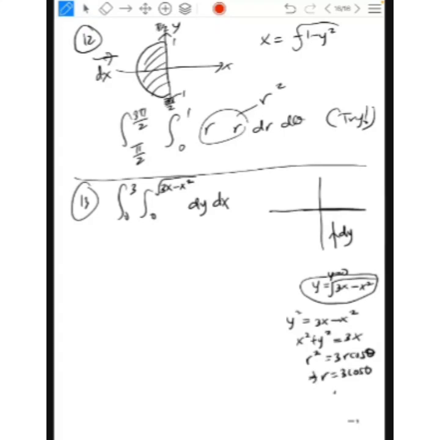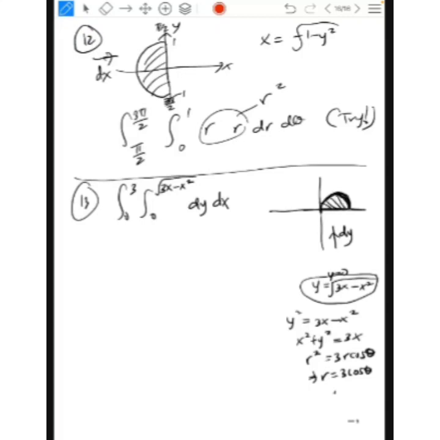So r equals 3 cos theta is actually a circle on the positive x-axis, because it is positive. So actually the circle is here. But it is a square root, right? The square root means this circle only takes the upper half, because it is the square root, y positive. So it is only the half above.